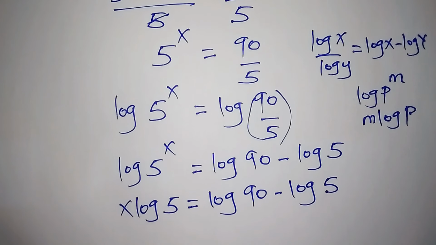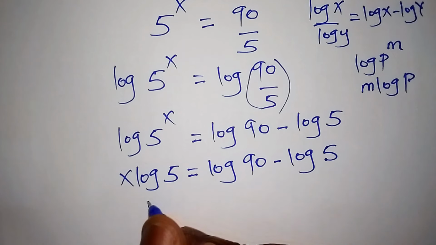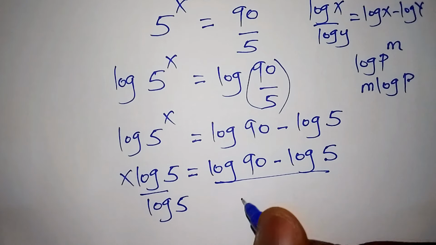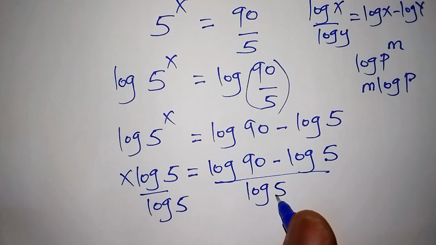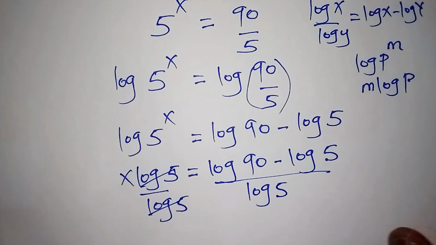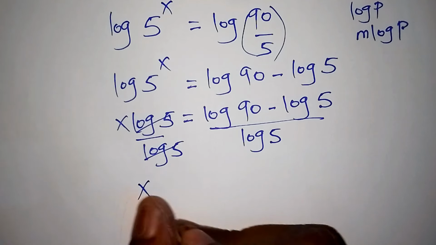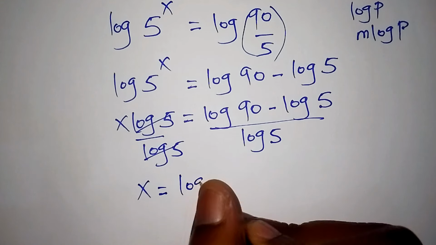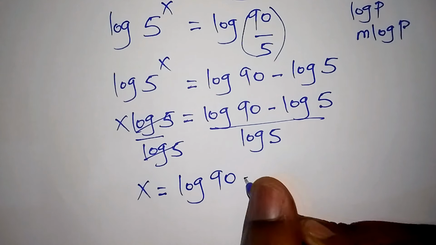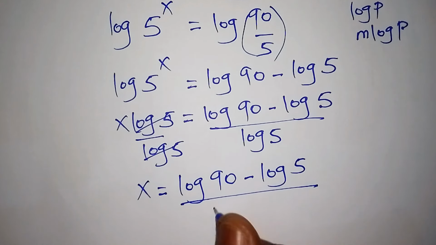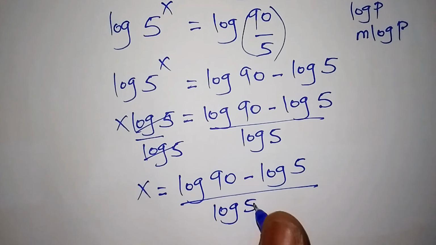So now we shall divide both sides by the log of 5. Then log 5 and log 5 cancel each other, so we remain with x. So now x is equal to the log of 90 minus the log of 5 all over the log of 5.